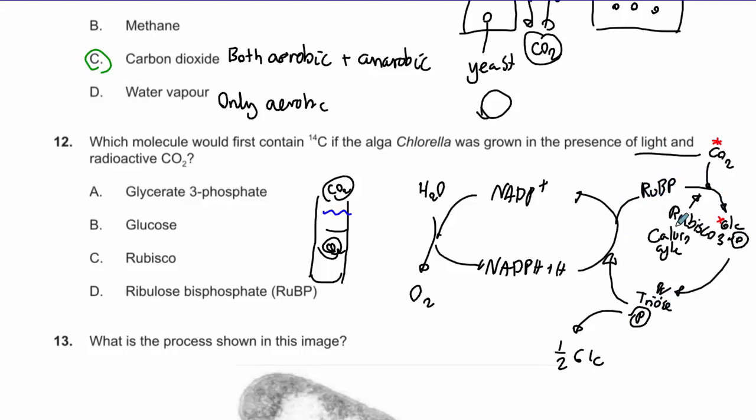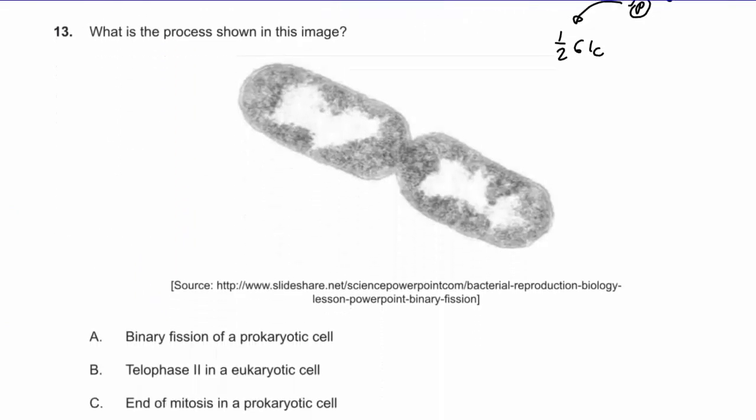And then when you have made a lot of sugar, and that sugar is being used to make amino acids, and those amino acids used to make proteins like Rubisco, then finally Rubisco gets the radioactive carbon, last of these 4 alternatives. So the correct answer here is glycerate 3-phosphate.